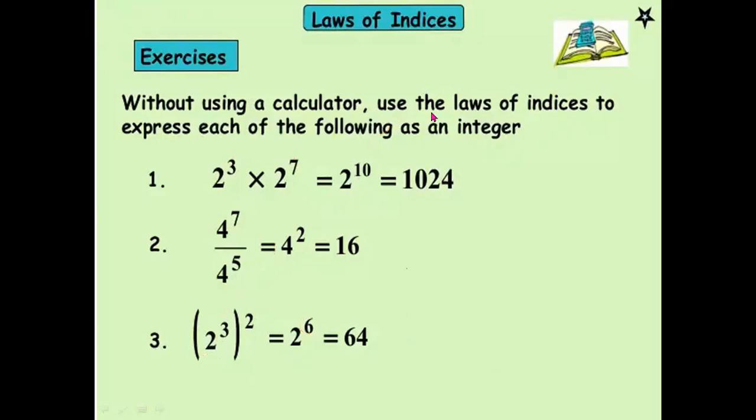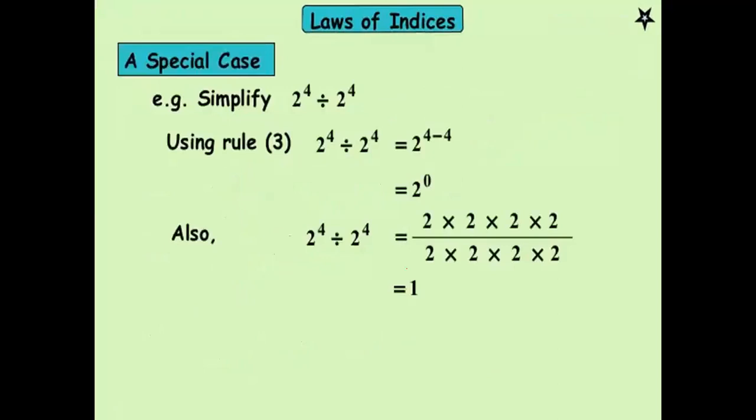Going next, there is also a special case. For example, this one: 2 to the power of 4 divided by 2 to the power of 4. Take note, we said that in division, the powers are subtracted.